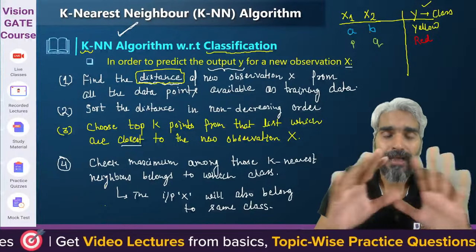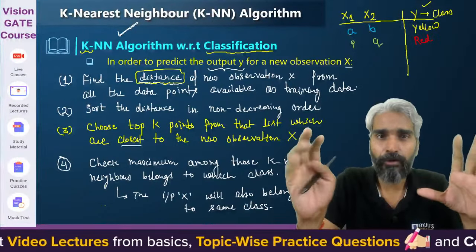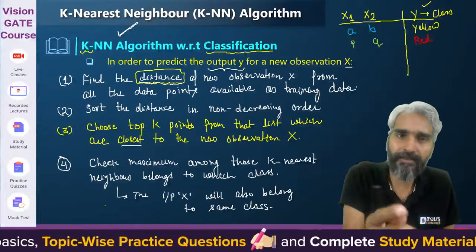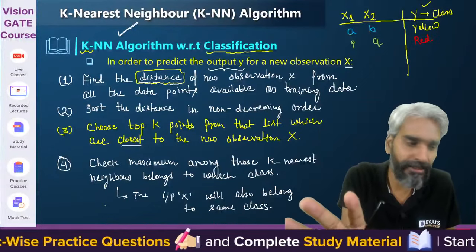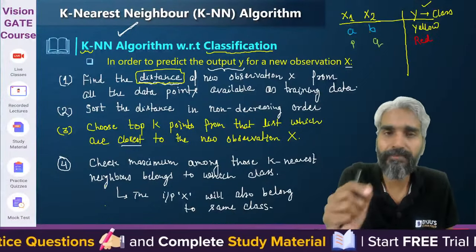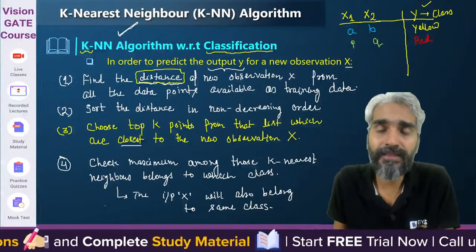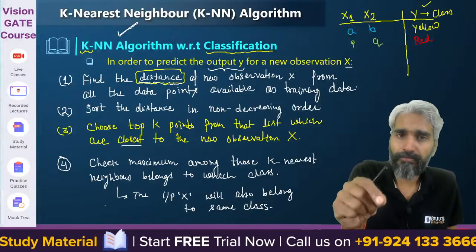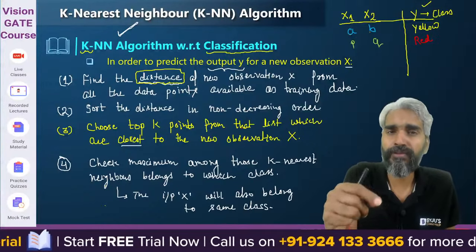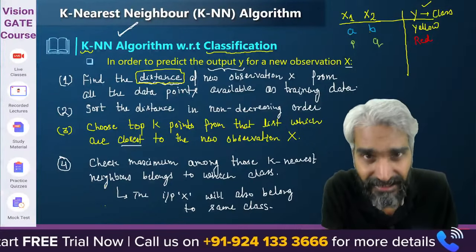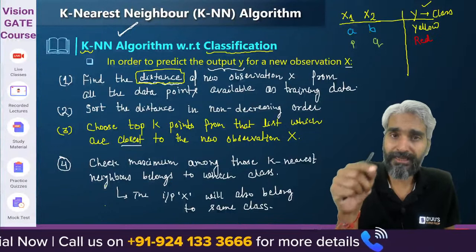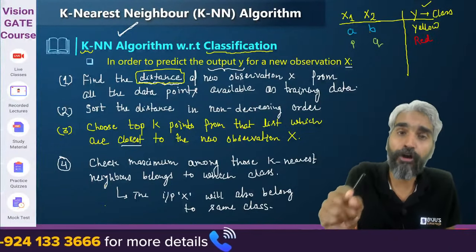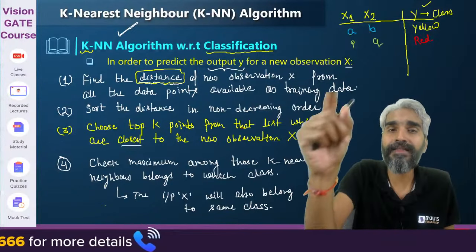Whenever I want to classify something, I choose a value k, whatever the value of k. We'll discuss that k value at a later point of time. If you want to check which class a new input will belong to, you just need to check the distance of that new point from all the existing points in the data set.